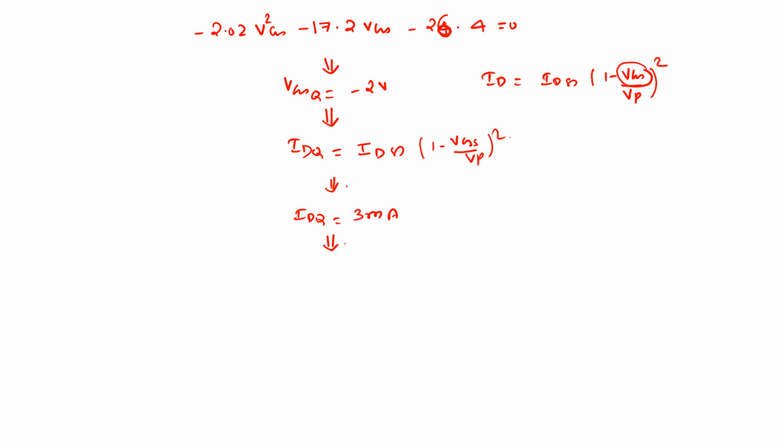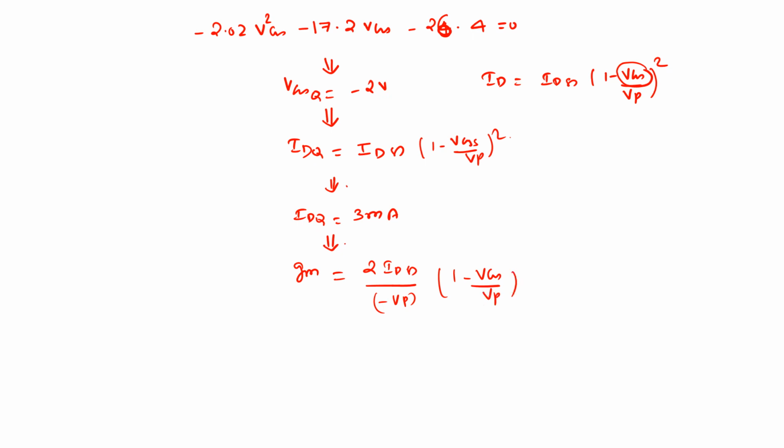And the next step is we'll have to get the gm value. So gm is equal to 2 times IDSS by minus VP, times 1 minus VGS by VP.